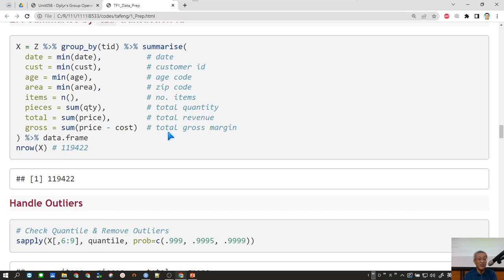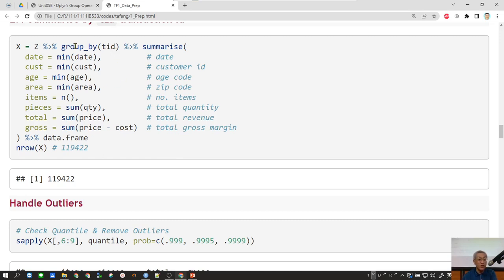And this is the total marginal gain, because price minus cost is the margin. It's the profit, of course, the raw profit. So I sum all of the items' price. So this is the total revenue created in this transaction. This is the total gross margin generated from this transaction.